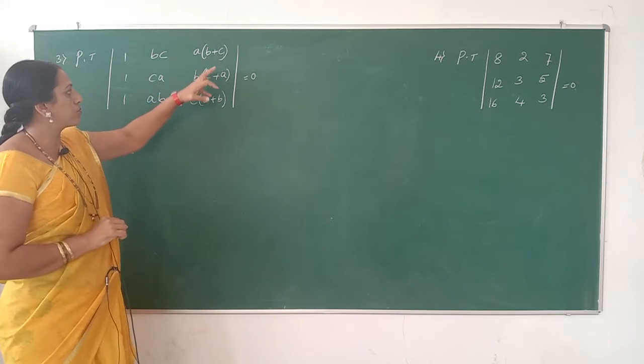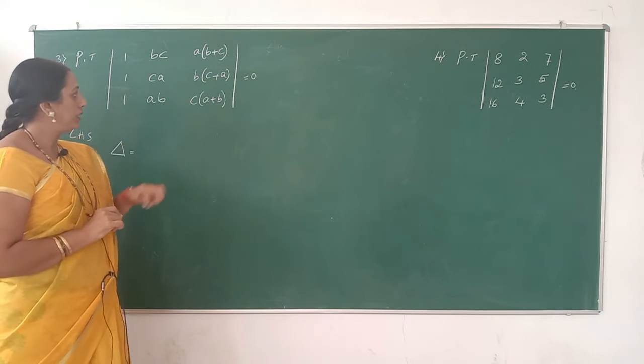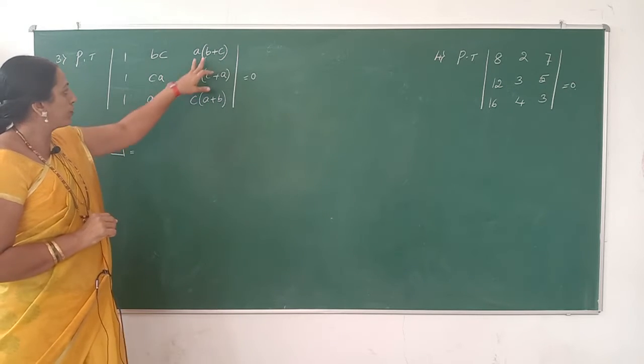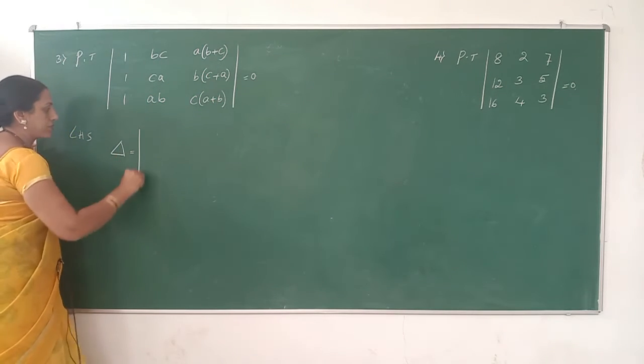But once we observe the elements of the third column, all the elements are of a form where we can distribute. So first we distribute these elements.